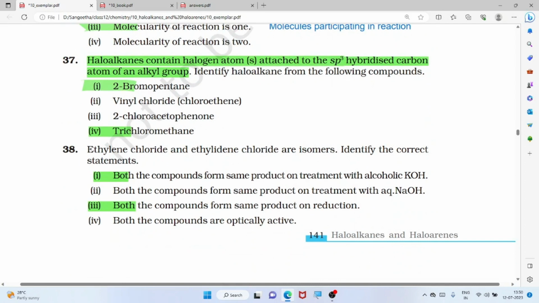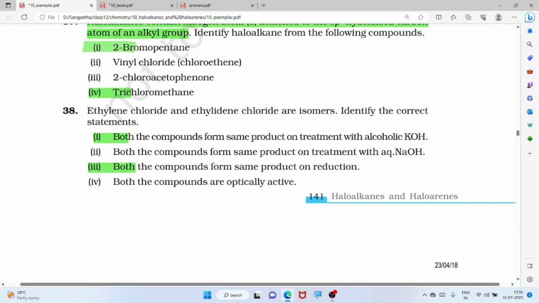Haloalkanes contain halogens attached to the sp3 hybridized carbon atoms in the alkyl group. Identify the haloalkanes from the following compounds: 2-bromopentane, trichloroethane. Ethylene chloride and ethylidene chloride are isomers. Identify the correct statements. Both the compounds form the same product on treatment with alcohols.